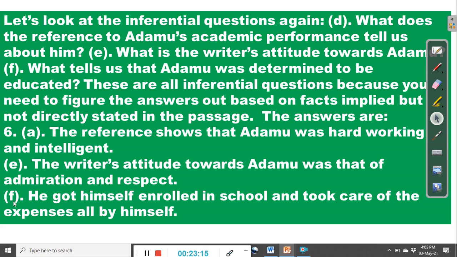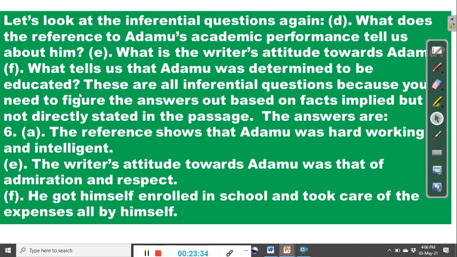All right? Then F, he got himself enrolled in school and took care of the expenses all by himself. And this is in answer to question F: what tells us that Adamu was determined to be educated?